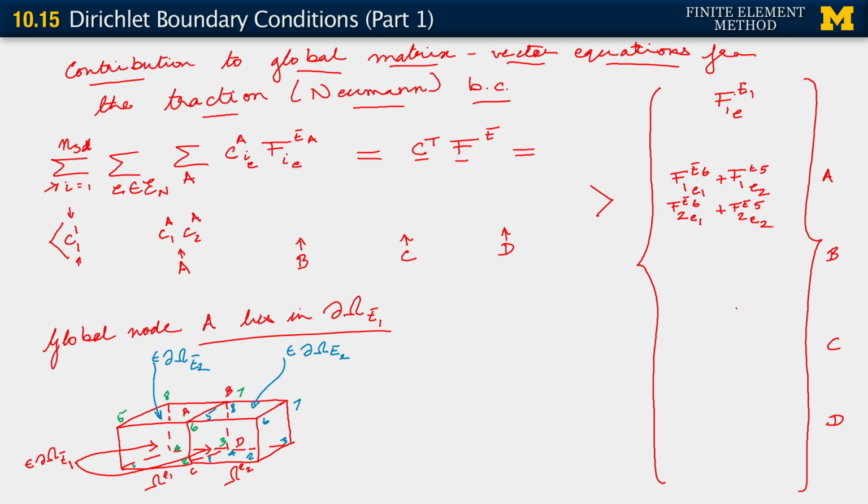Which other nodes would contribute? Let's look at node B. What contributions would it have? It would only have contributions from the 2 spatial dimension, spatial dimension I equals 2. So for this node, let's put the CB1 contribution, and then let's talk about the CB2 contribution.